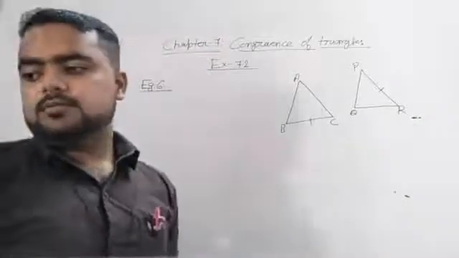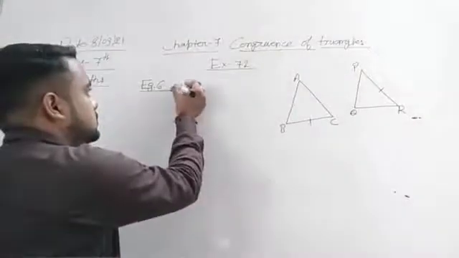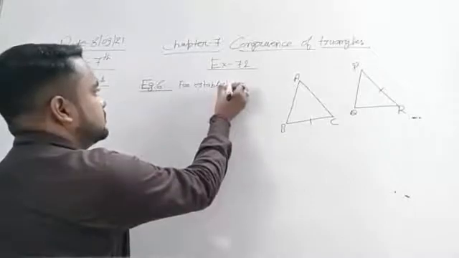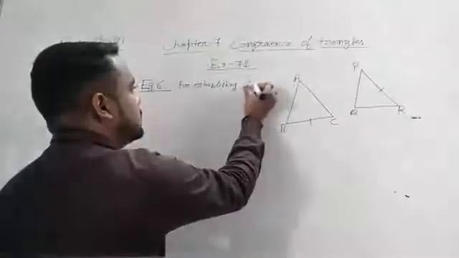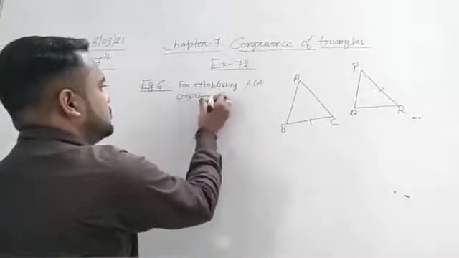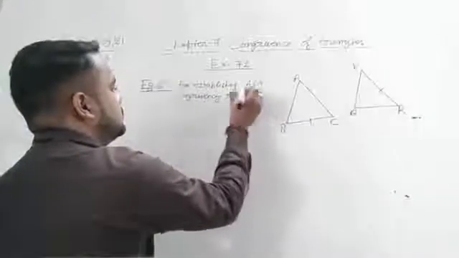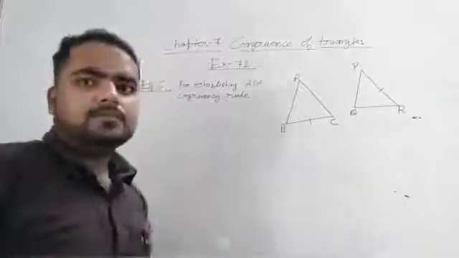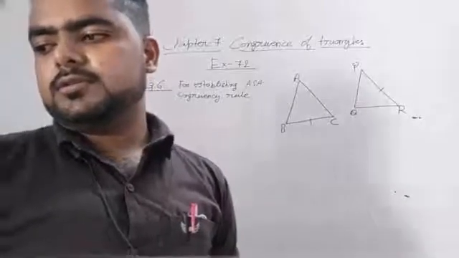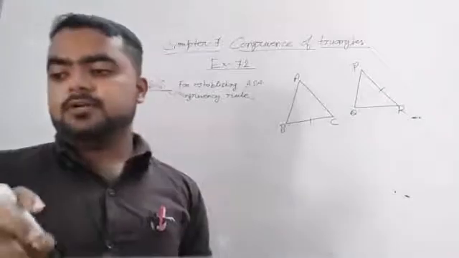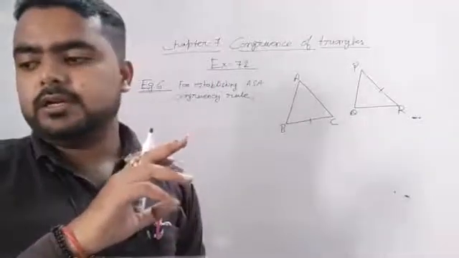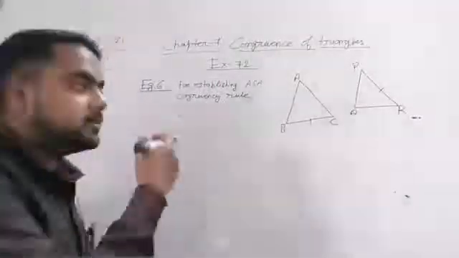Now for establishing the angle side angle congruency rule, we need two angles between which the two sides, that is the given BC and RP, both equal to each other, are included.